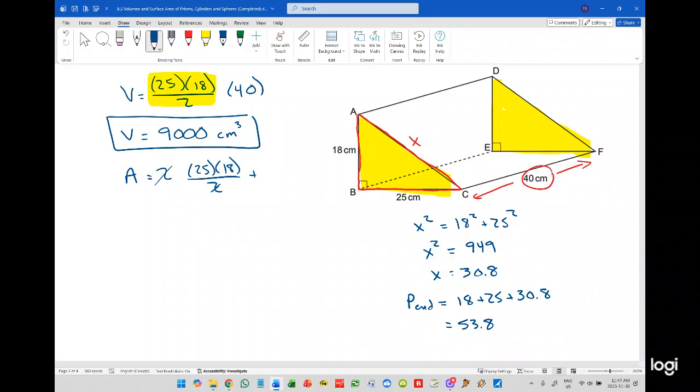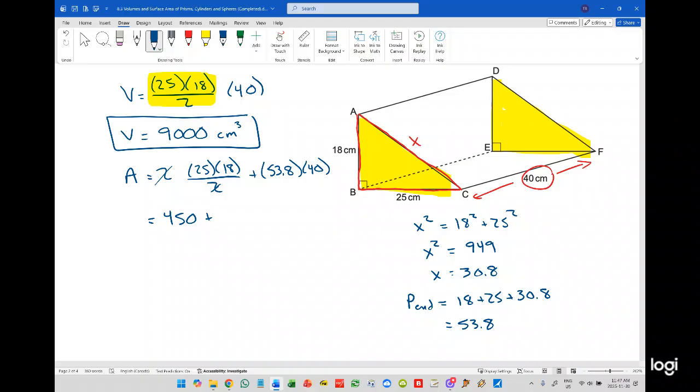Okay, so the area of those three rectangular sides all together are going to be the perimeter of the end times the height or the distance between them. Distance between the two identical ends, I should say. All right, so 25 times 18, that's 450 total area for the two end triangles.